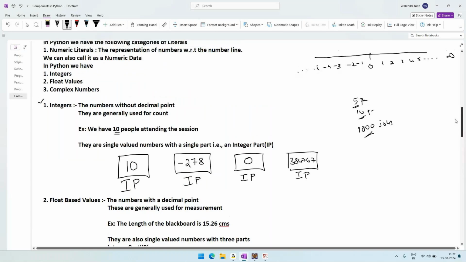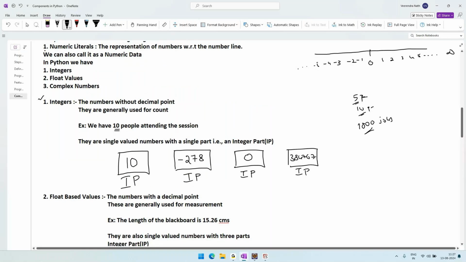So we have the numeric literals: integers, float values and complex numbers.